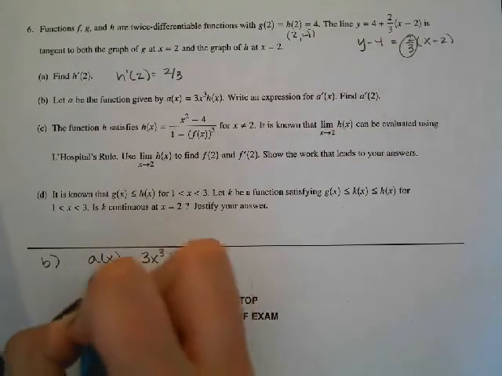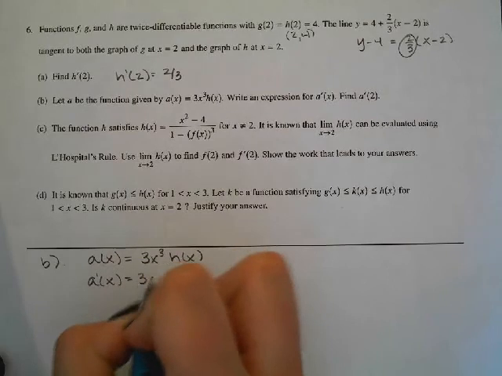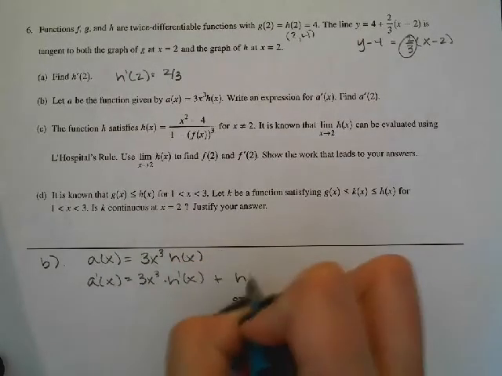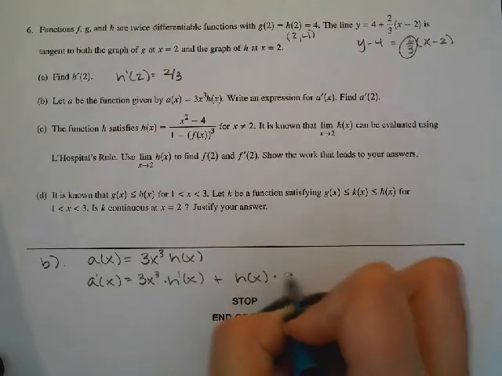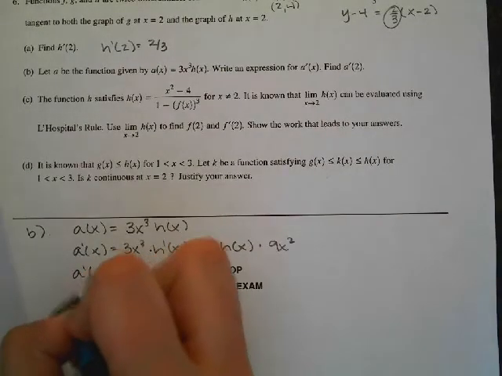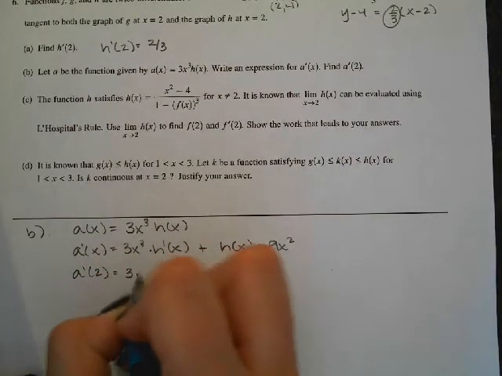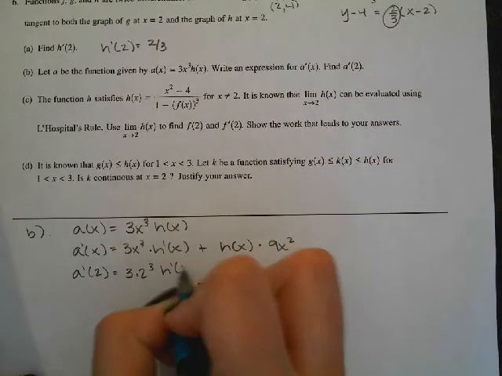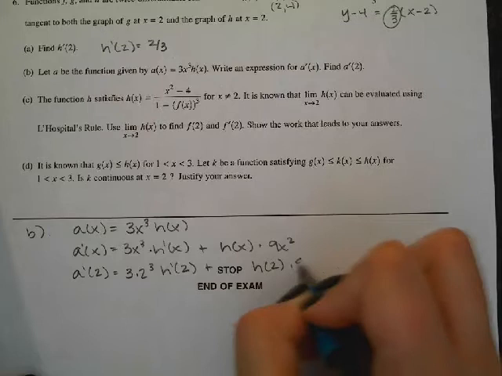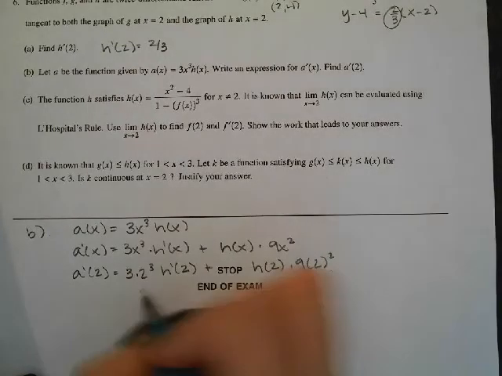We have the product rule, so I've got the first times the derivative of the second plus the second times the derivative of the first. And then we're evaluating that at 2, so I just need to plug 2 in. So 3 times 2 to the third, h prime of 2, plus h of 2, 9 times 2 squared.